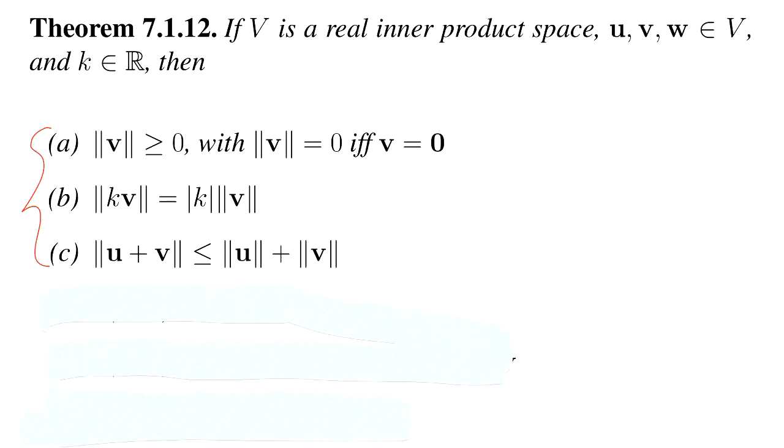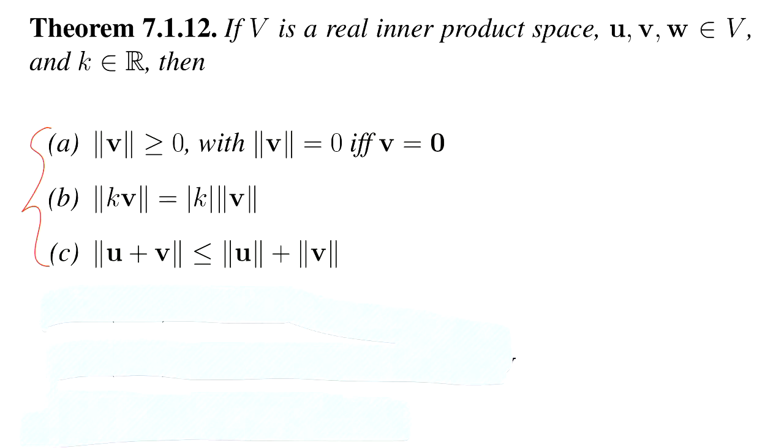The length of any vector is non-negative, and it's 0 only for the 0 vector, right? And so this is why we really demand positive definiteness for the inner product, because now we have it for length, right? And you really want it for length. You don't want some vectors in your space to have length 0 unless they're the 0 vector. That would be stupid, right? And positive definiteness of the inner product prevents that, okay?